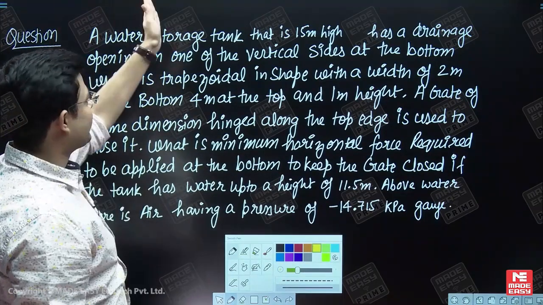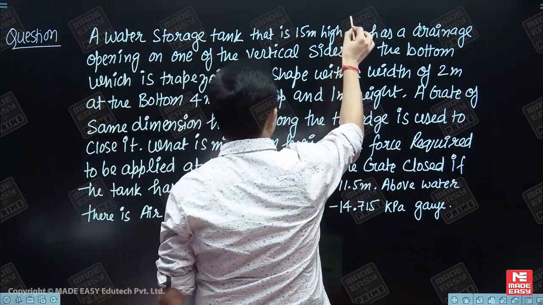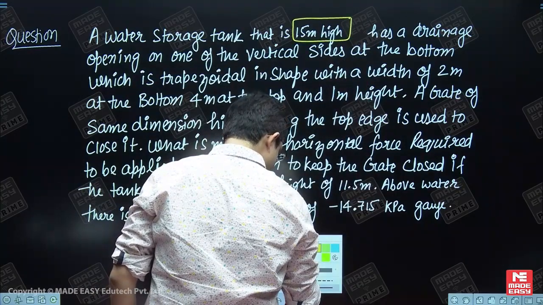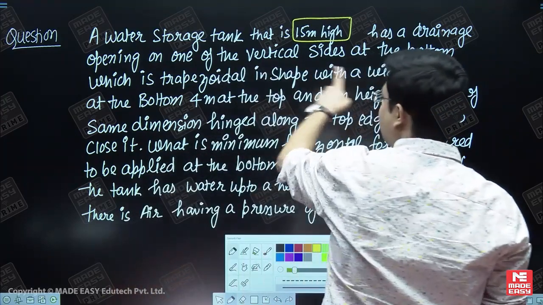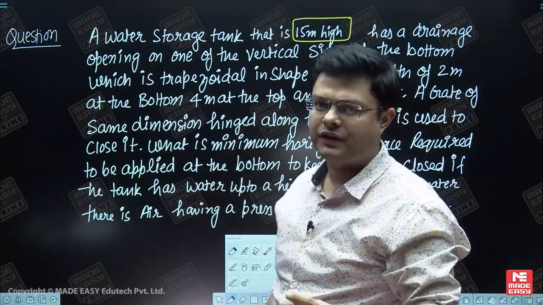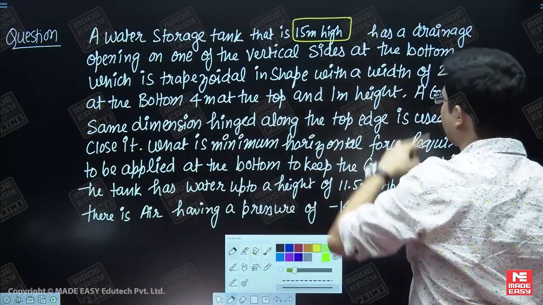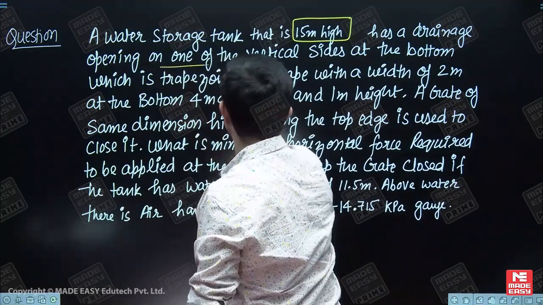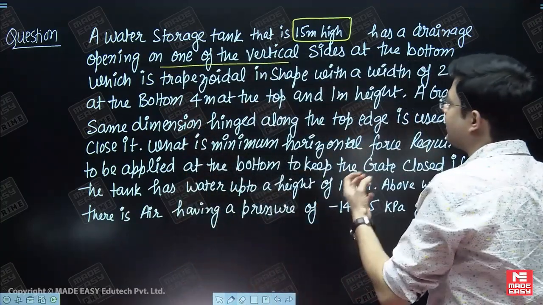A water storage tank is 15 meter high. So the water storage tank is 15 meter high. Has a drainage opening on one of the vertical sides. So it's a cubical tank kind of a thing, which is actually 15 meter high, and it is having an opening on one of the vertical sides at the bottom.